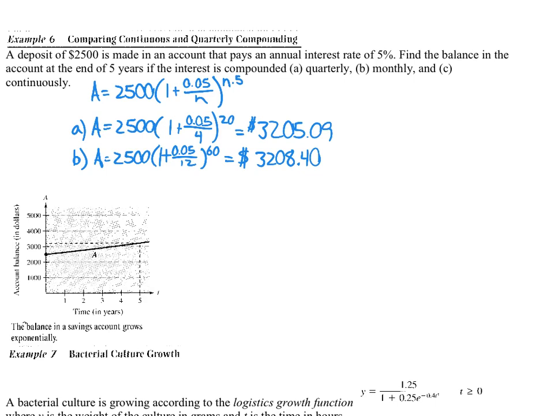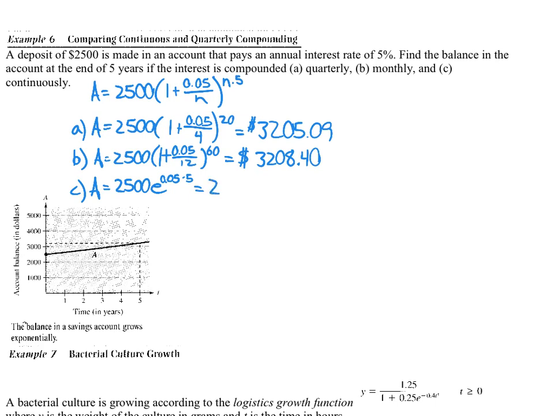All right, then finally C. This is the function we just derived. It's the principal, the starting amount, times e to the rt. So r is the 0.05 times 5 years.